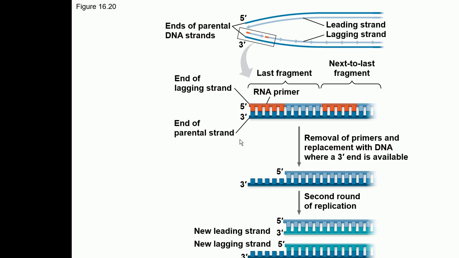The DNA molecule will be formed like this, and when it goes to the second cycle of replication, again the same thing is going to happen. The lagging strand is again going to have some part missing from the ends. That's the way the DNA replicates.